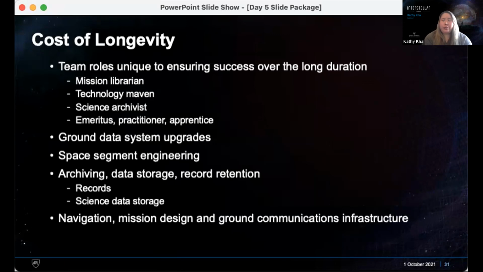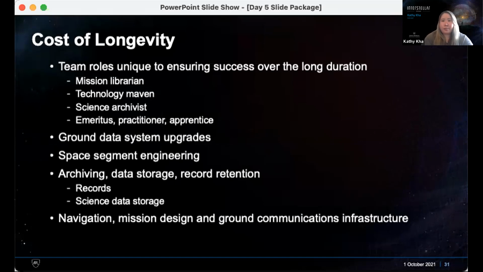Okay, so other things that are cost drivers for longevity that Interstellar Probe has to account for that other missions previously haven't, which is part of why our costs are what they are, include a mission librarian, a technology maven, a science archivist, and multiple people in the same role in terms of management to make sure there's a consistent flow of knowledge for management of the mission, and no breaks in that.